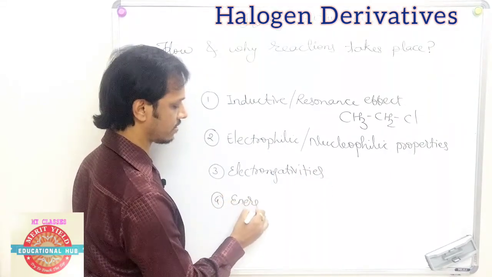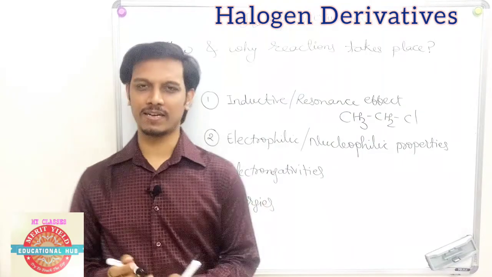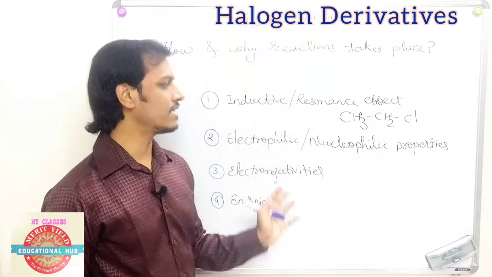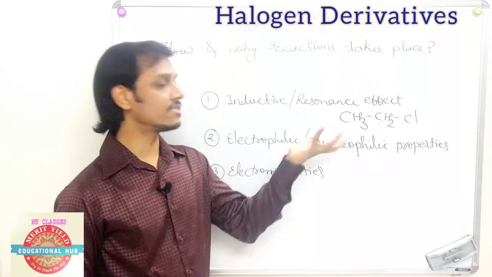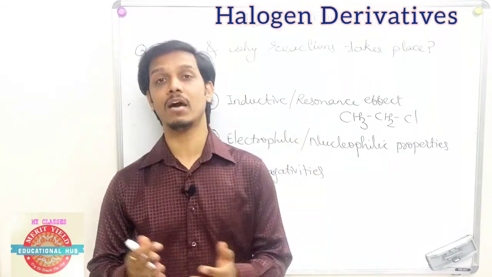So there are many factors, and if you understand these factors, then you'll get the required product. Then you'll get the required answer to your question of why and how a reaction takes place.